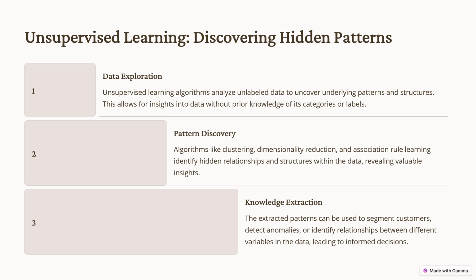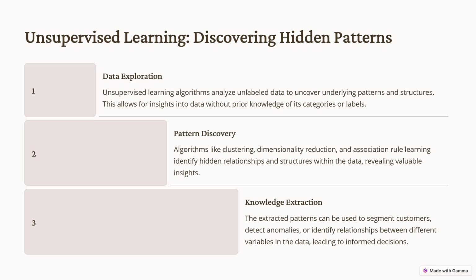Then pattern discovery: various algorithms like clustering and association rule learning help in identifying hidden relationships in the data and reveal valuable insights about the characteristics of the data or the categories of labels present in the data.